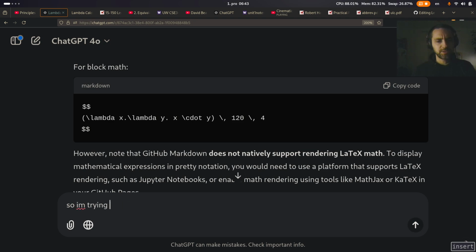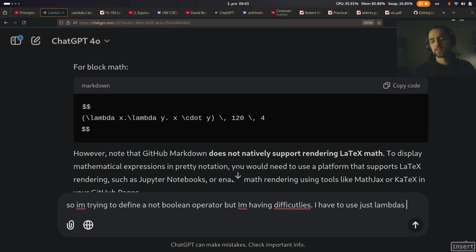So I'm trying to define a not boolean operator, but I'm having difficulties. I have to use just lambdas.